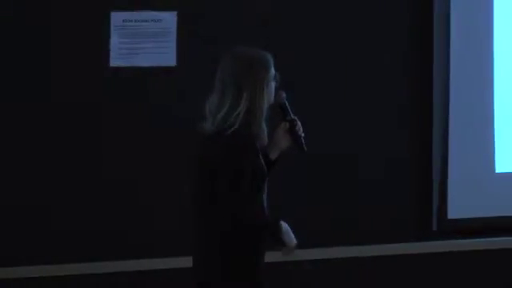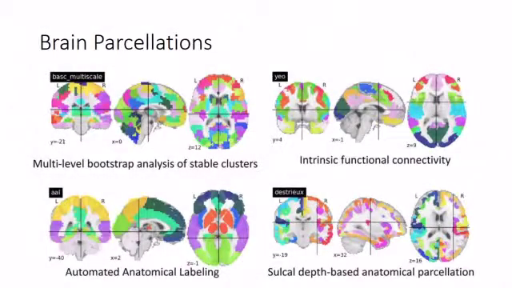So what they also wanted to look at were brain parcellations. In the neuroimaging literature, we have a number of these a priori brain parcellations. There is an active field of research looking at how we can parcellate the brain and push together similar regions. The parcellations themselves can be based on a number of different things.